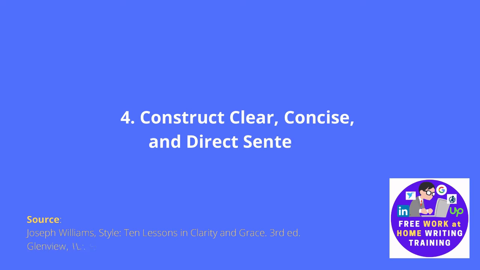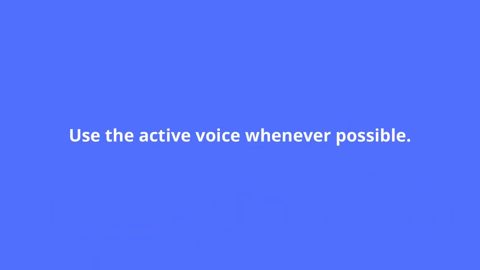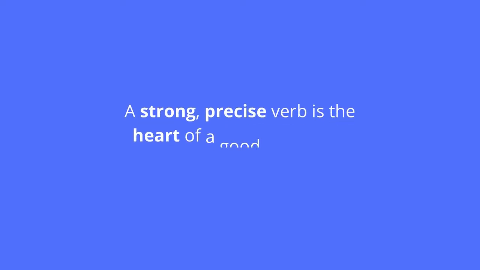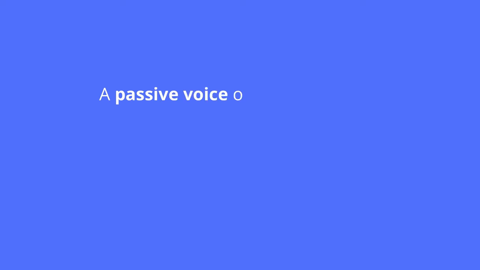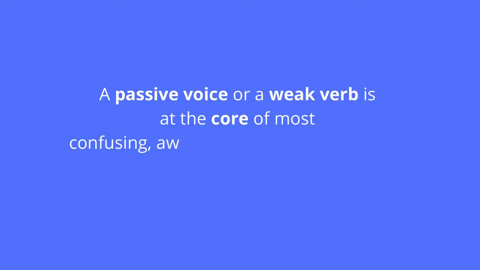Number 4. Here are useful guidelines to construct clear, concise, and direct sentences. Use the active voice whenever possible. A strong, precise verb is the heart of a good sentence. A passive voice or a weak verb is at the core of most confusing, awkward, or wordy sentences.